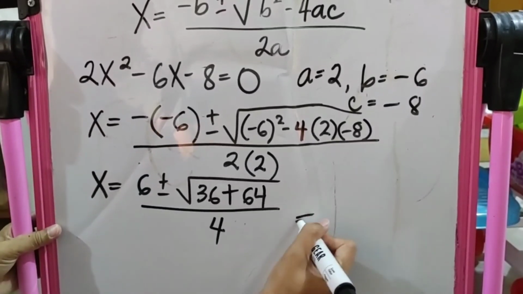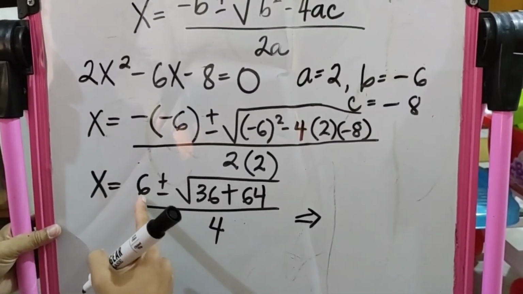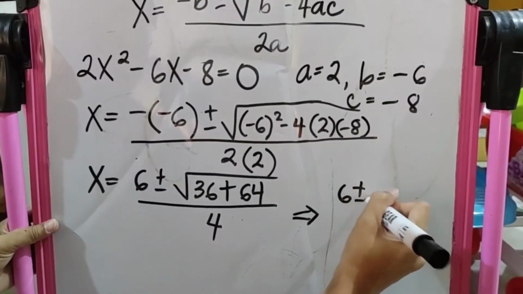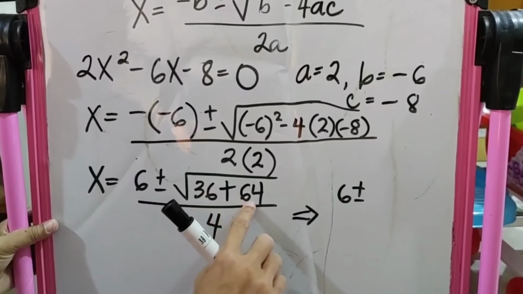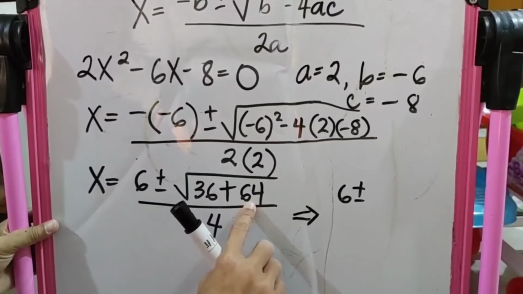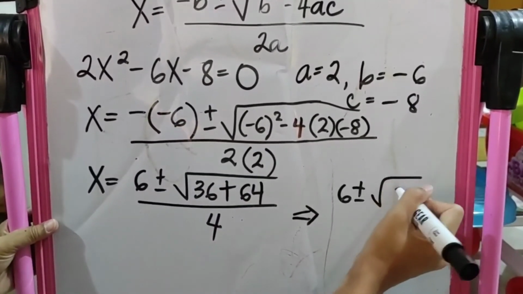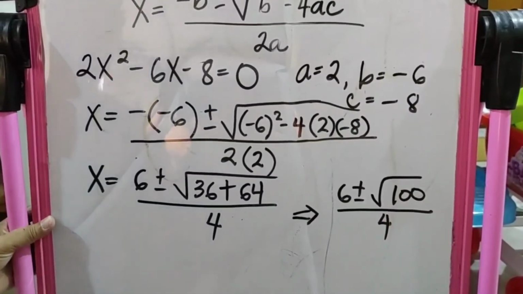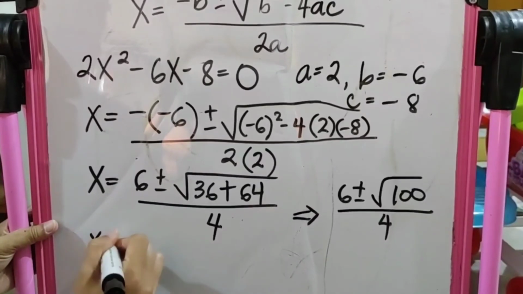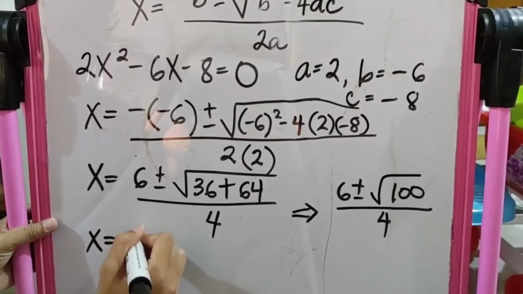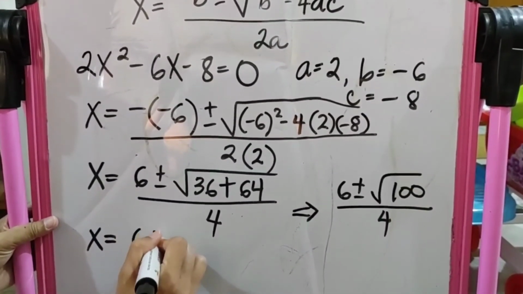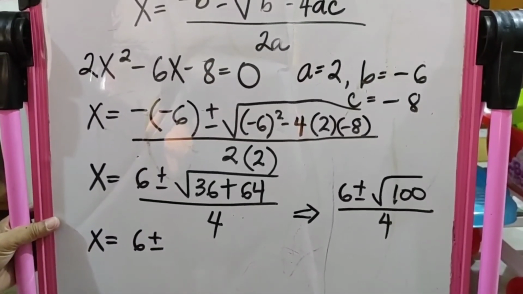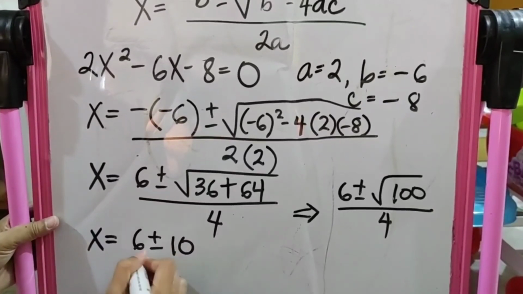So, this is also equal to 6 positive, negative. What is 36 plus 64? Correct. It's 100. So, square root of 100 all over 4.